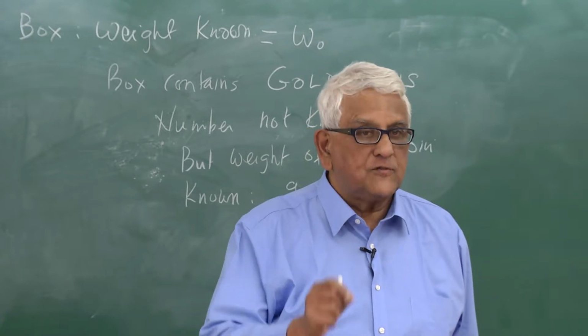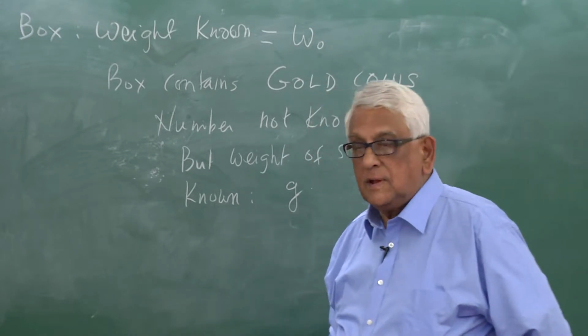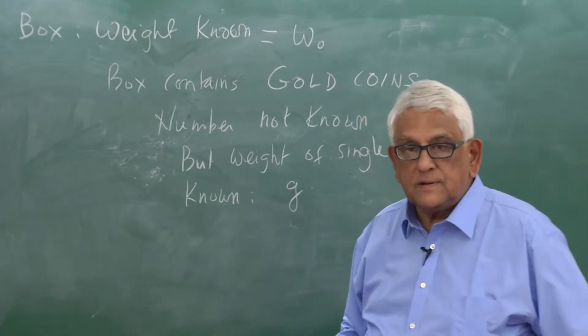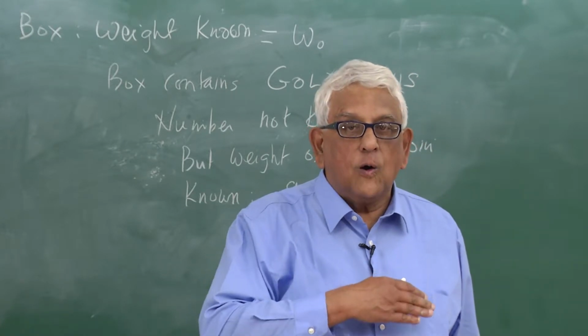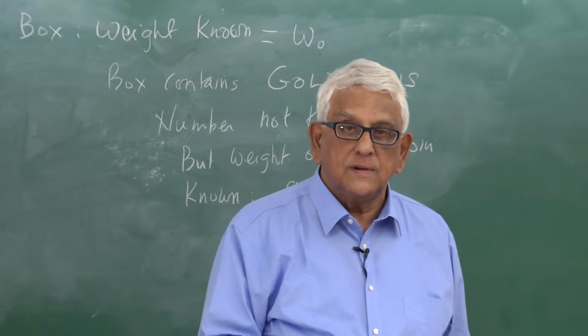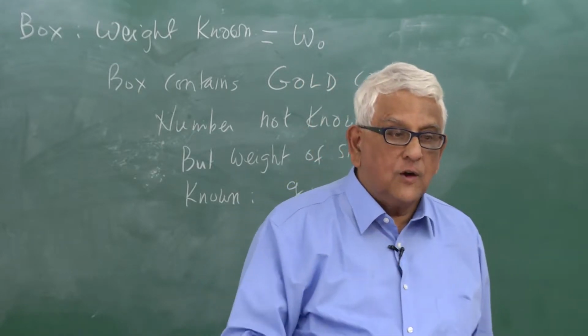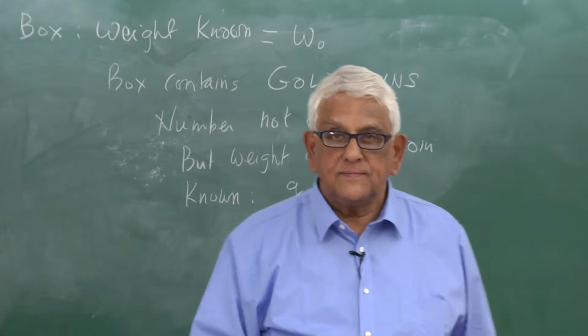In each case, I would have to pick a certain number for W0 and a certain number for this. But by using the symbol, I include all of these cases in one shot. And that is the power of the symbol. It allows you to deal with a huge number of cases in one shot.